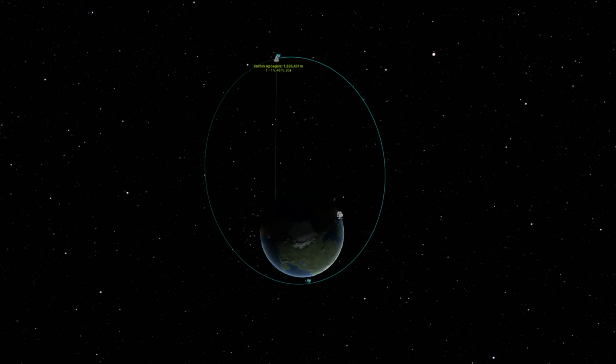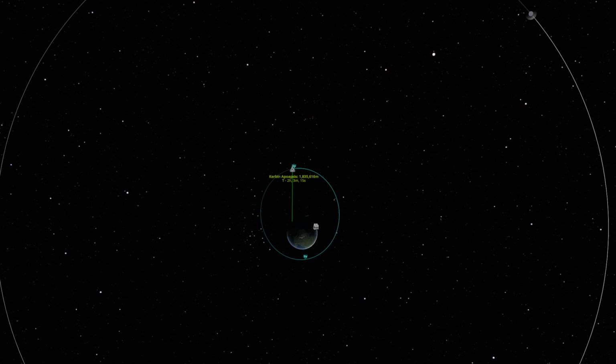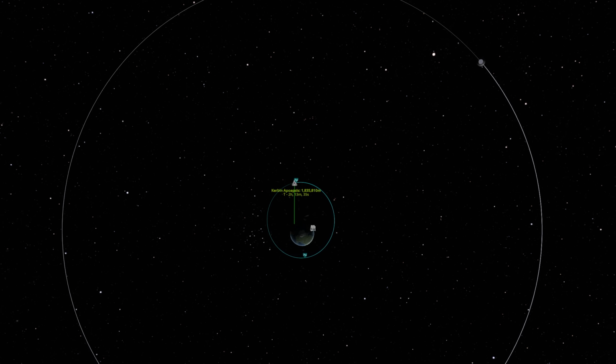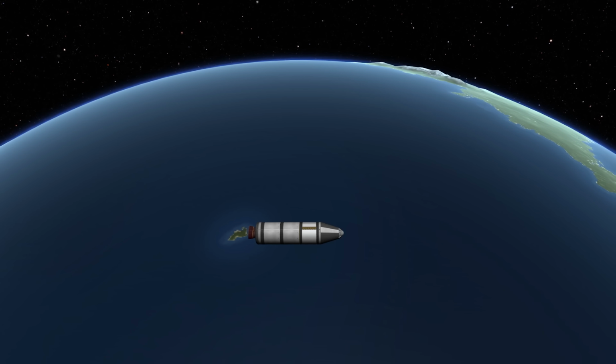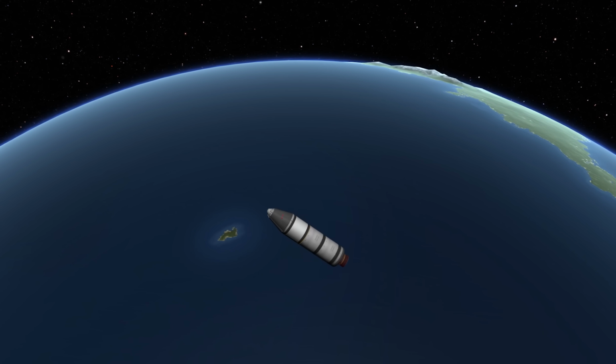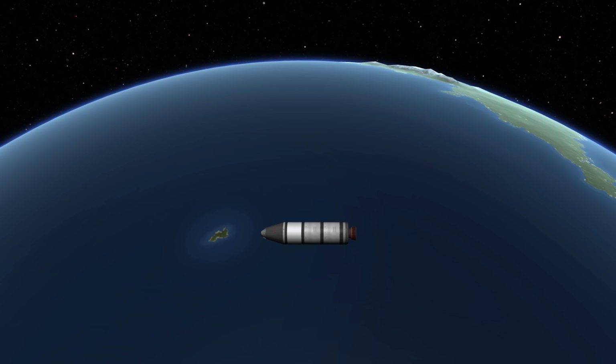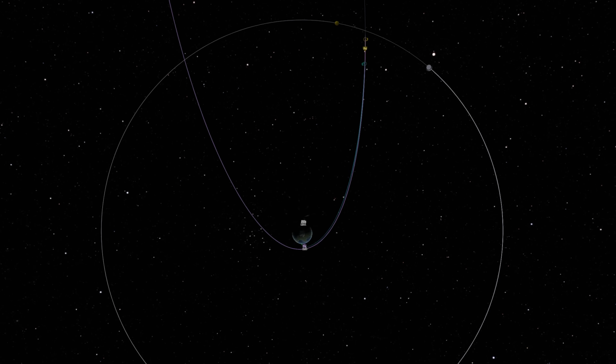But if I do the same burn at the slowest point of the orbit, then my orbit doesn't change nearly as much when I burn the rockets, meaning I can't get as far away from the planet using the same amount of rocket fuel. The same thing also works in reverse. If you want to slow down as much as possible, you also want to fire your rockets when you're moving the fastest at periapsis. That gives you the largest decrease in energy for the same amount of fuel.